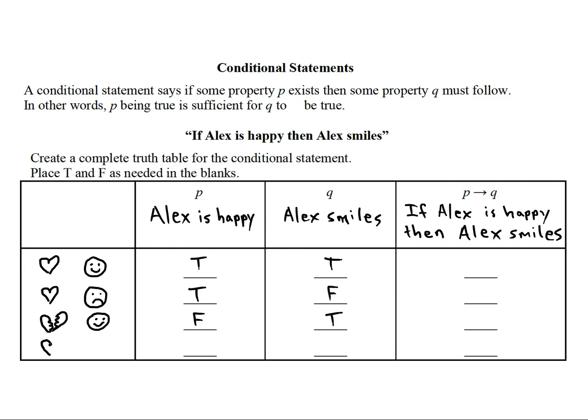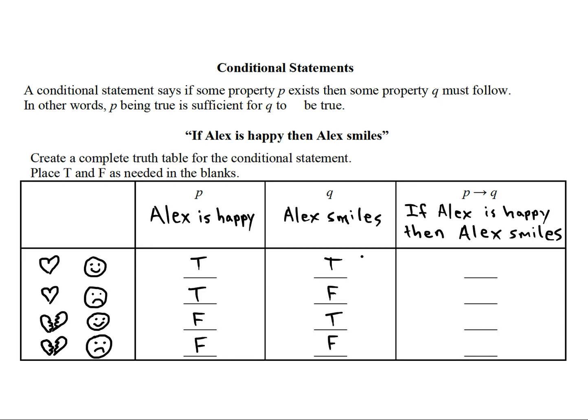And the fourth possibility is not happy and not smiling. All of these four things are certainly conditions that could happen in reality. But let's say that Alex makes the statement that if he's happy, then that will lead to smiling. And we want to see when the statement would be disproven.